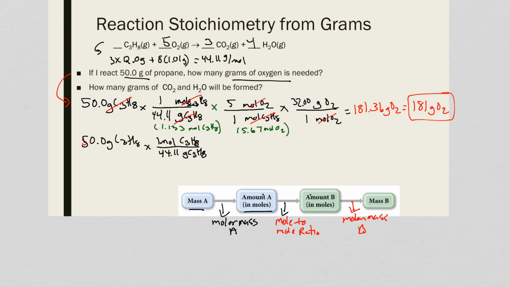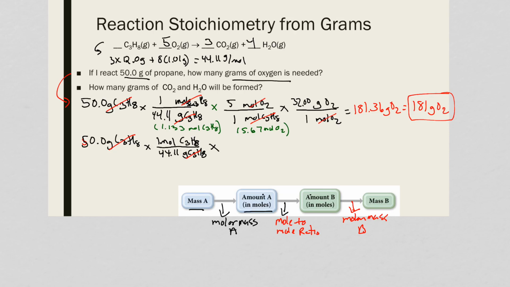This first step is going to be the same in all of these calculations because I have to get from the mass of propane into moles of propane. Now where we start to differ is because of what my target is.